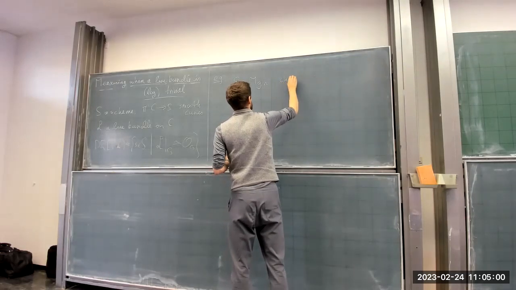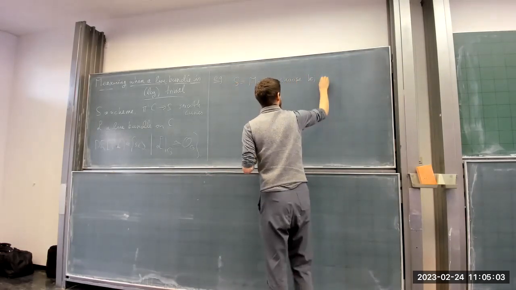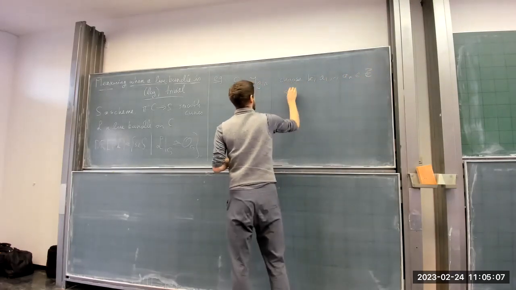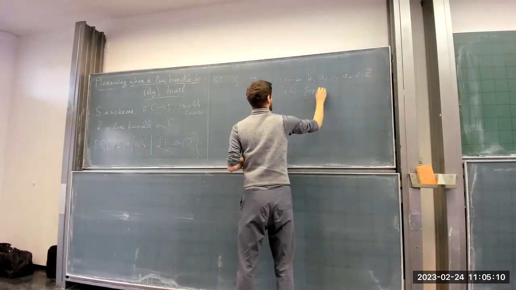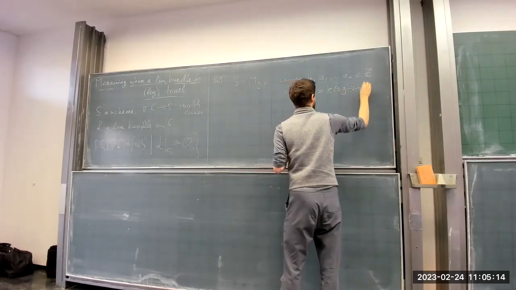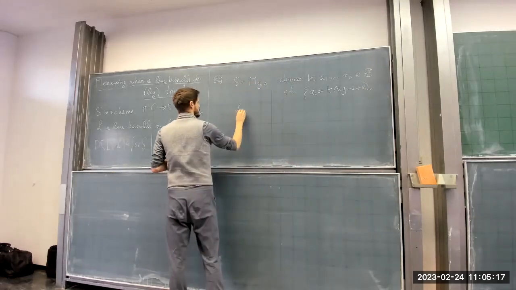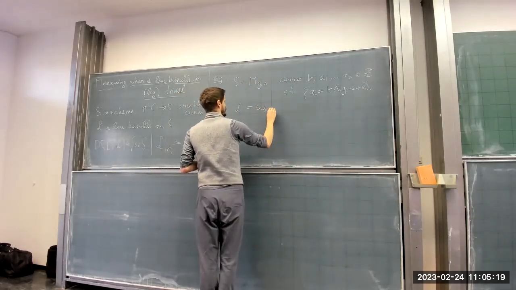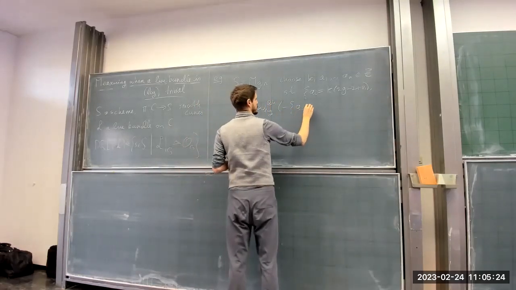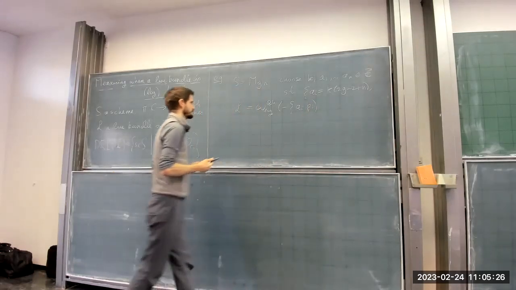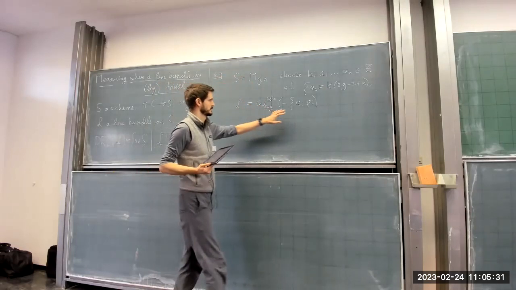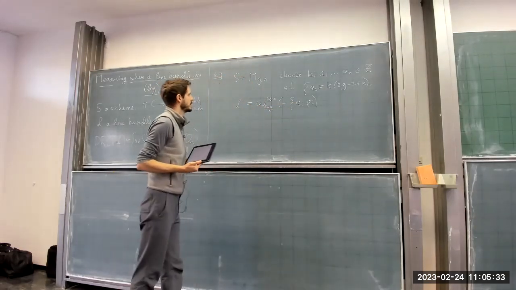Well, I'm going to choose integers k, a_1 to a_n, such that the sum of the a_i is k times (2g-2+n), and I'm going to define L. Okay, so this is a line bundle. I mean, okay, this is the canonical bundle, that's a line bundle, this is a divisor, everything is good.